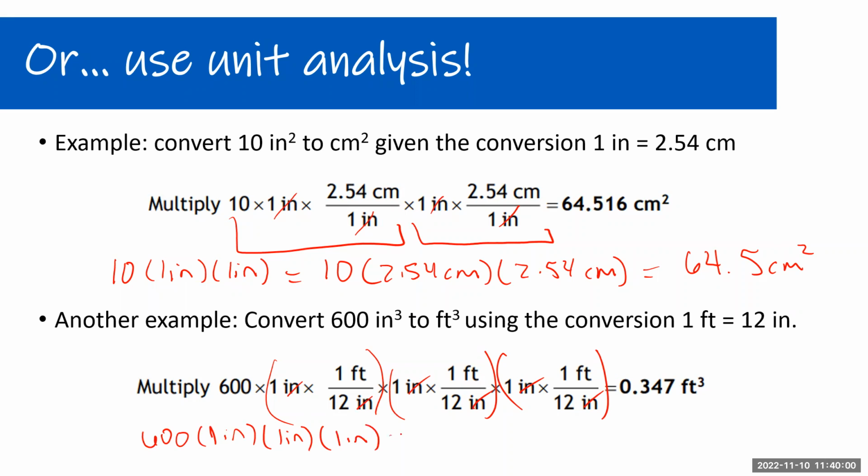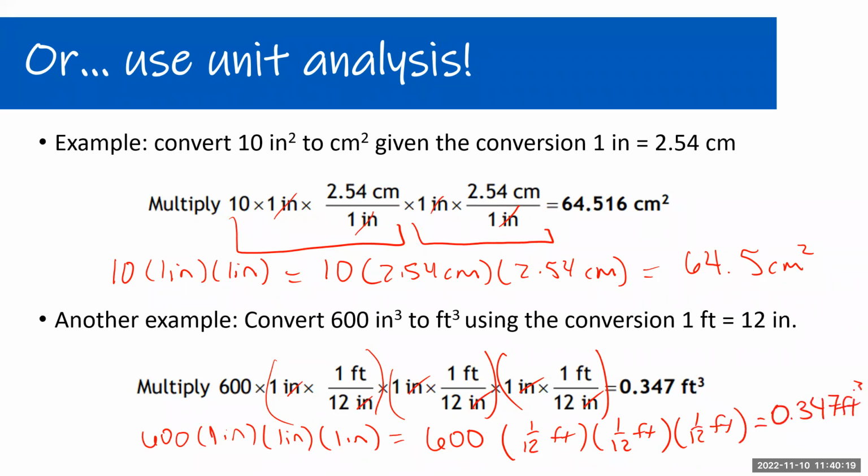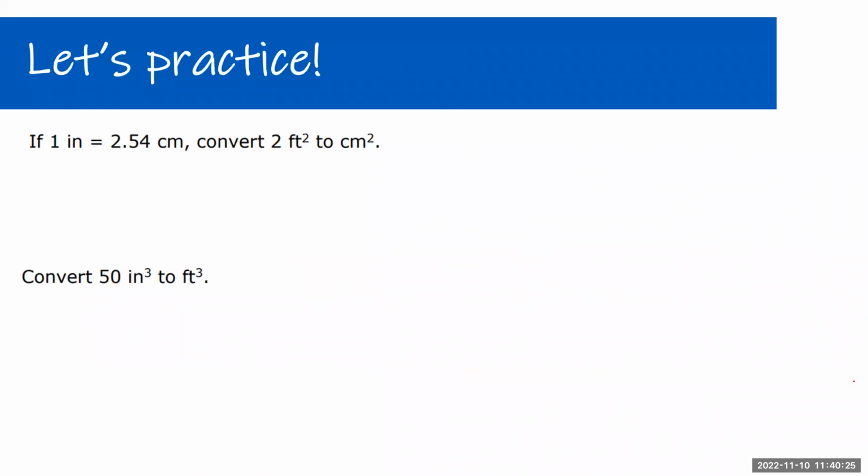And if you want to do it the other way, just be careful here, because we're talking about how many feet is 1 inch? Well, it's 1/12 feet for each of these. You are doing mathematically the exact same thing, and this will also give you 0.35 feet cubed.